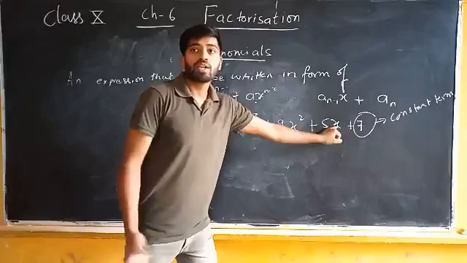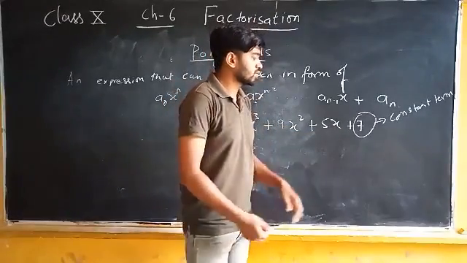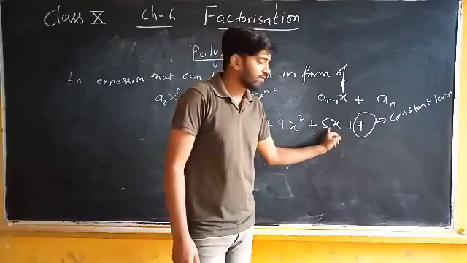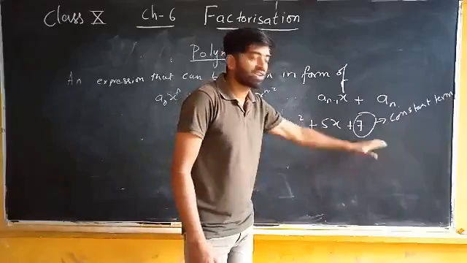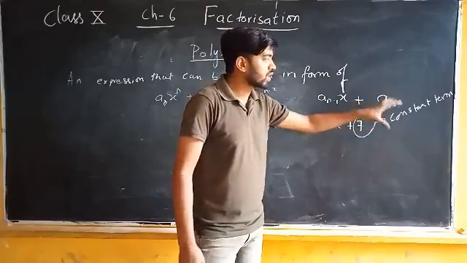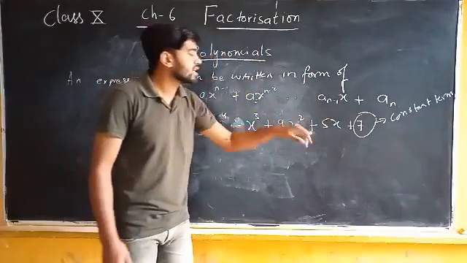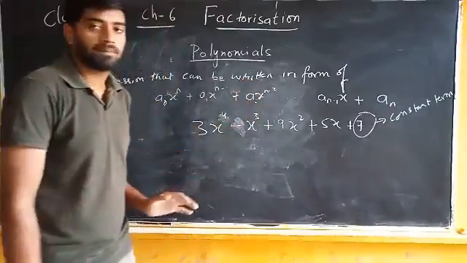In the next question they gave me the value of x as 2, so this will become 10. 5 2s are 10. But this will stay constant. It is never changing. So that's why we call it a constant term. The last term in which there is no x is called the constant term.